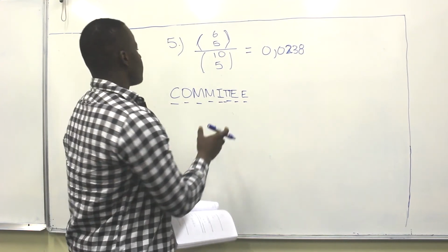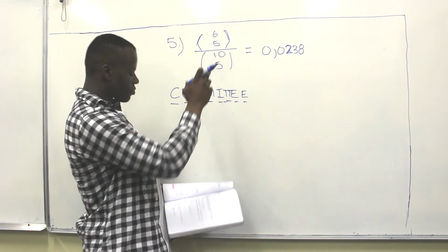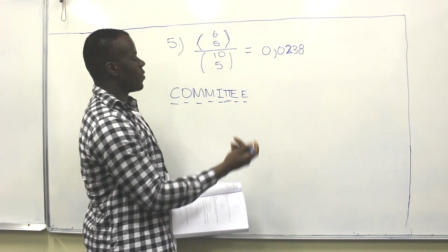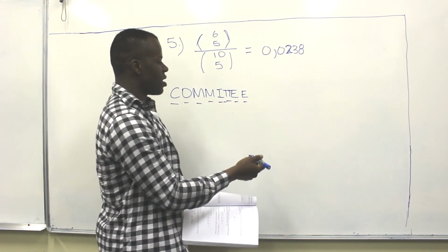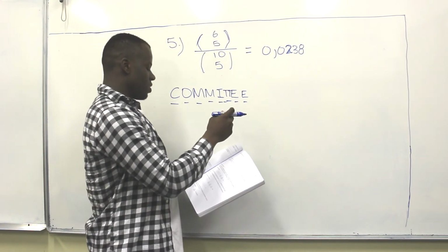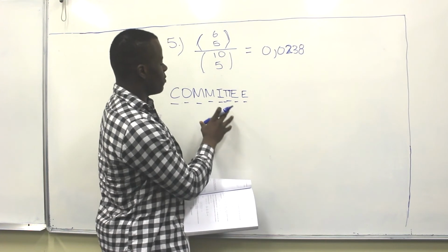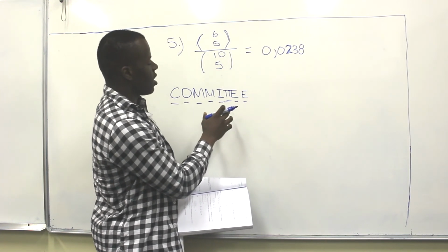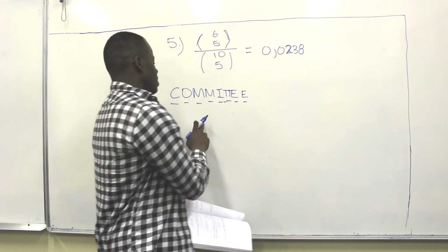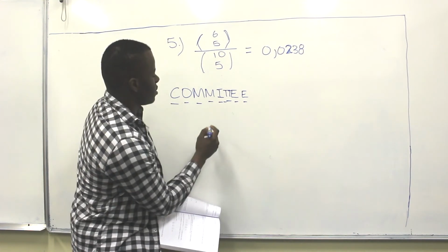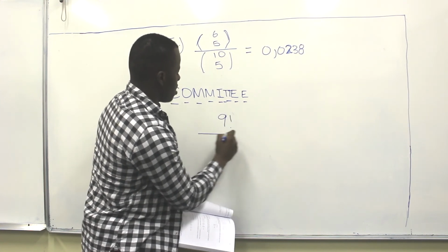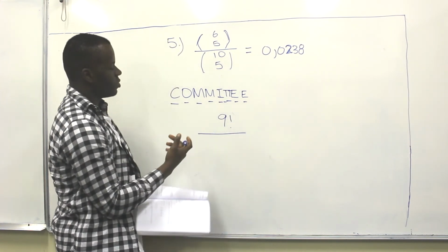So basically, like we had here, we're taking the whole thing, and then we take the total number of repeated letters and put that underneath as the denominator. So then now the word committee has 9 letters, so there are 9 different ways you can order this word, but it has quite a few repeated letters.